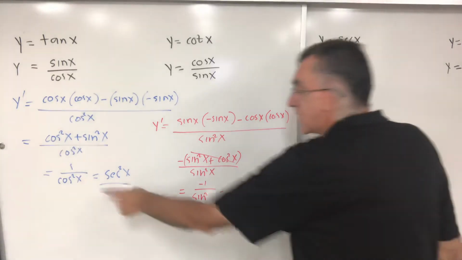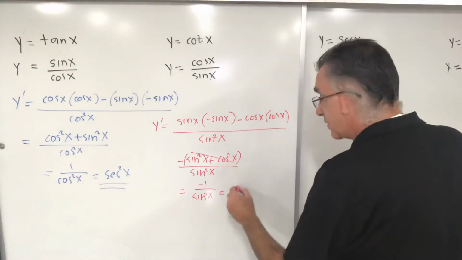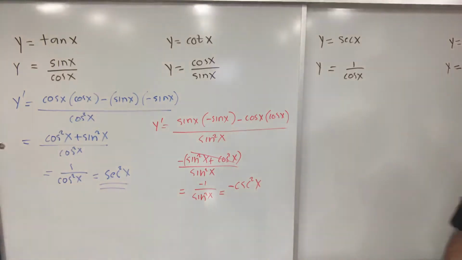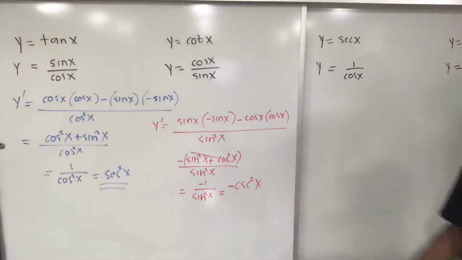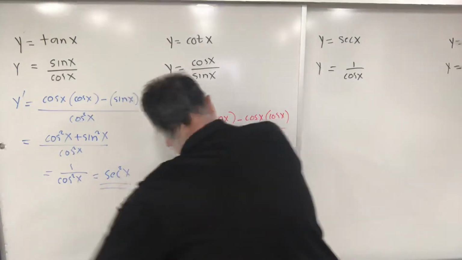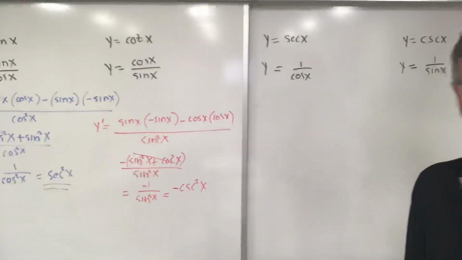And then again, just like we did for the cotangent, we have to know the reciprocal is cosecant. But there's a negative sign on it. And again, this is going back to the first day where I told you that these are the ones you had to know, but here's a proof of it, assuming that you know sine and cosine.